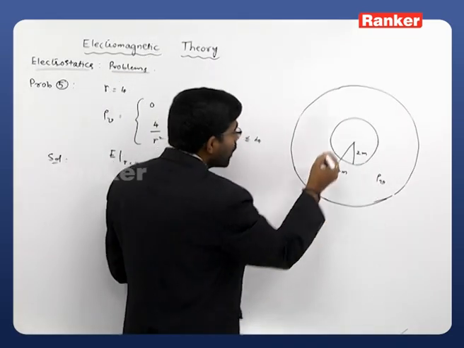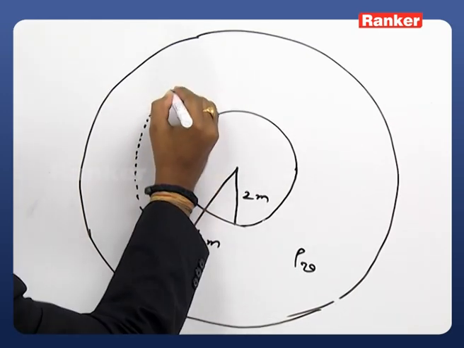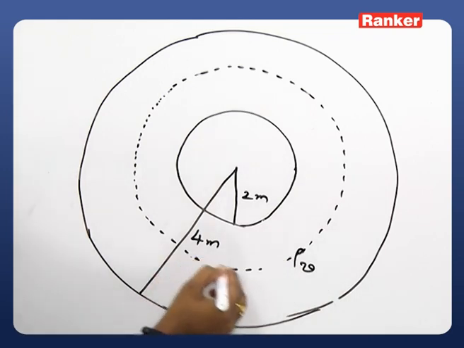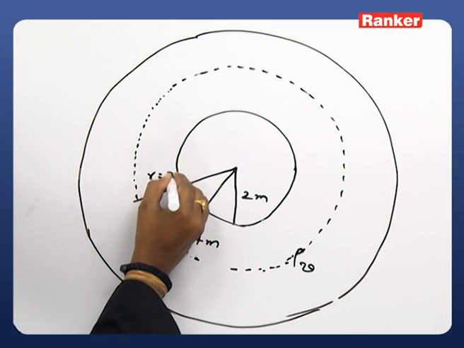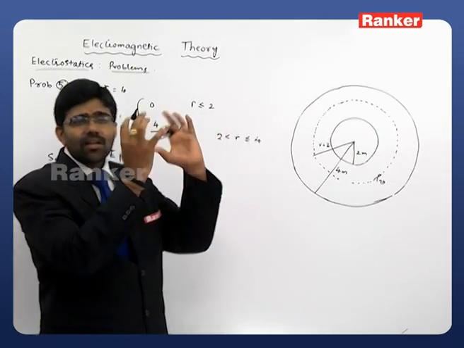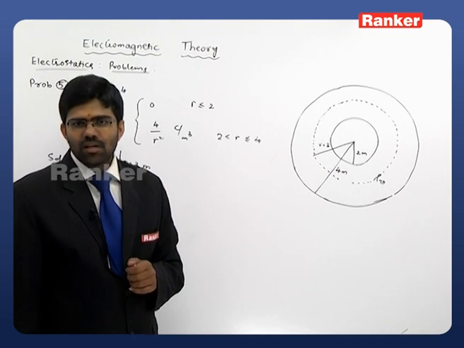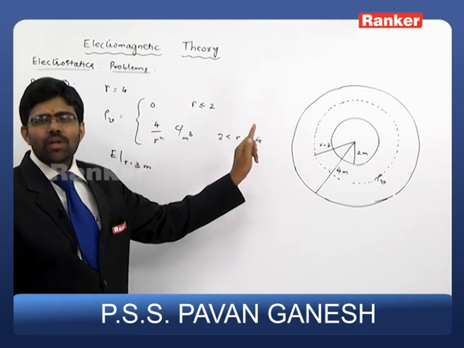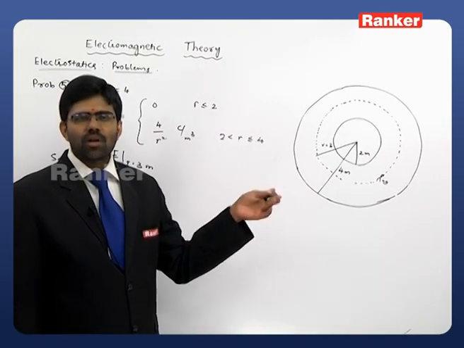Now we have to calculate the electric field intensity at r equals 3 meter distance. So I will take this r equals 3 meter sphere, and exactly there we are supposed to calculate our electric field intensity. As I said, Gauss law is very useful to calculate the electric field intensity or electric flux density, whatever it may be.